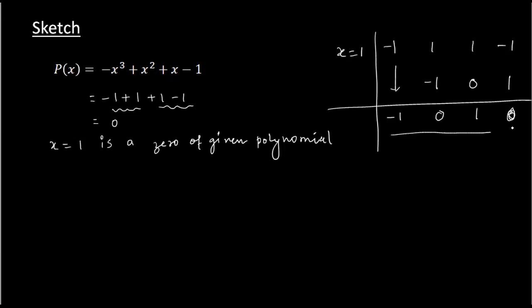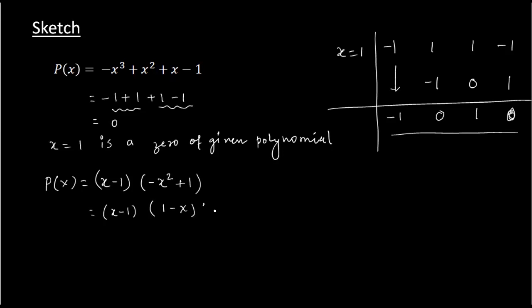Therefore, the given polynomial can be written as x minus 1 into, coefficient of x square is -1, so this is negative x square plus constant term 1. If we factorize this minus x square plus 1, then we get 1 minus x into 1 plus x.